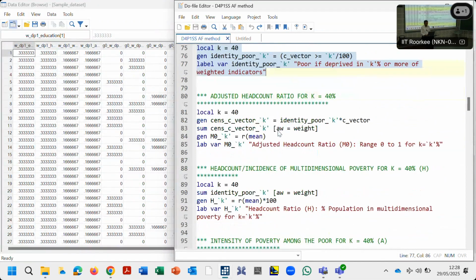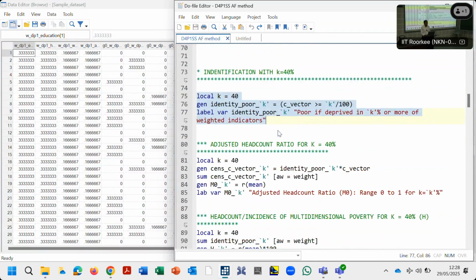Which one? I just identify who has a deprivation score more than 40% versus less than 40%. Why did you say divided by 100? Because the deprivation score lies between 0 and 1. So if I say something greater than 40, would it identify anything?